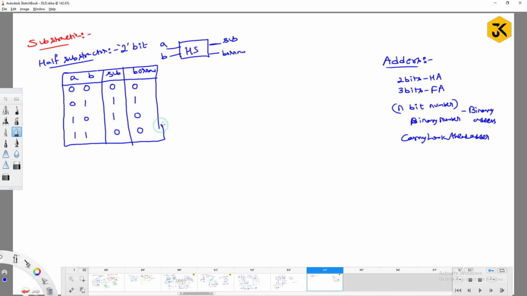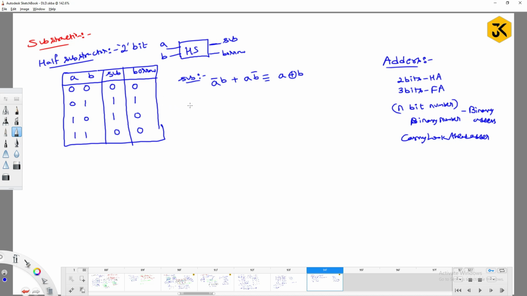You can do this with respect to K-map. For subtraction, if you do this, it is A bar B plus A B bar, which is equal to A XOR B. So in the half adder also we get the same.